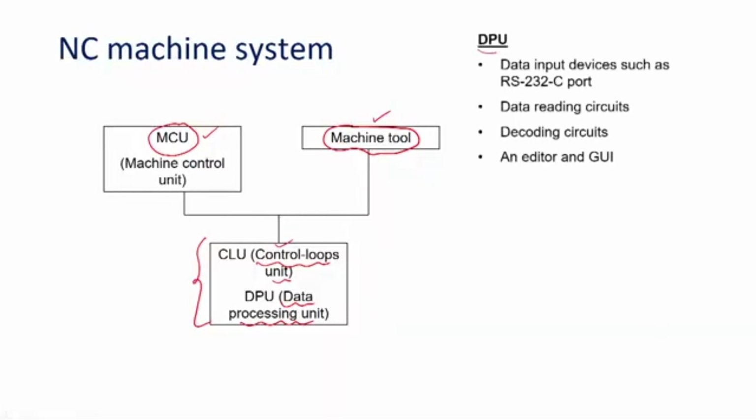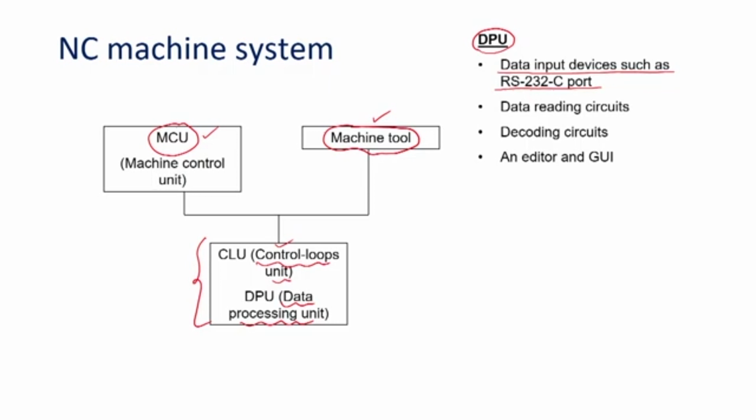The DPU also has data reading circuits. The data will be read by these data reading circuits. That data will be decoded by the DPU, and then it is given to the control unit. This data processing unit is also working along with the editor and the graphical user interface.